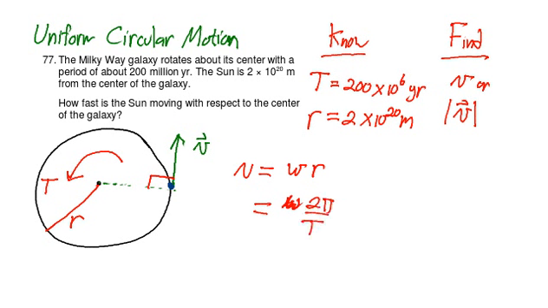So the angular velocity would be the angular displacement divided by the time elapsed, and so that would be for one revolution, and we multiply that by the radius then.